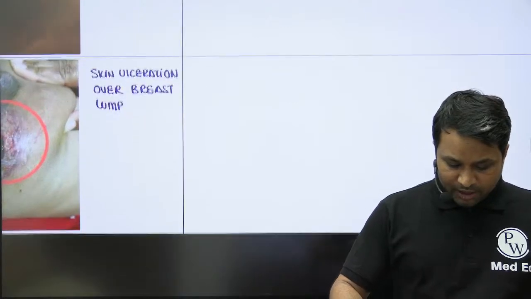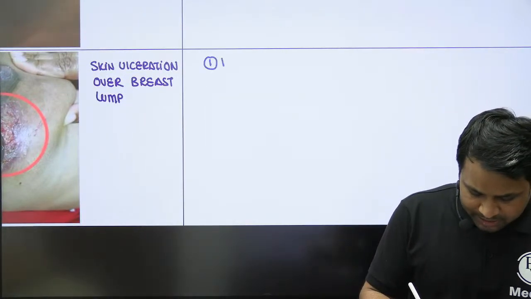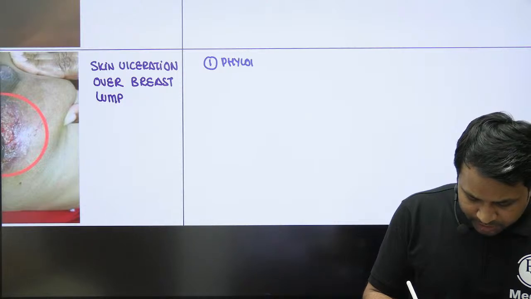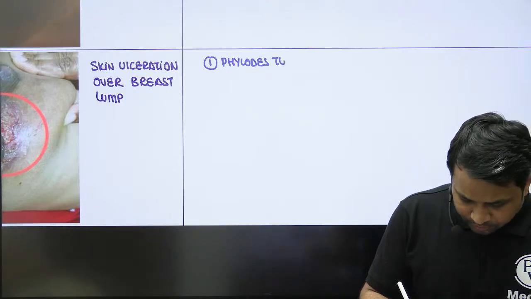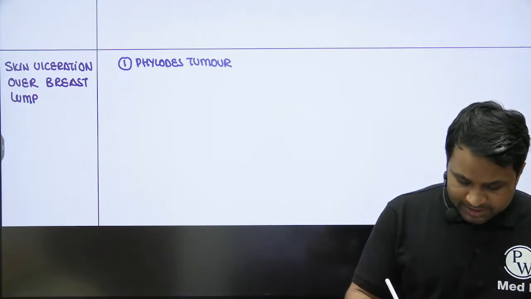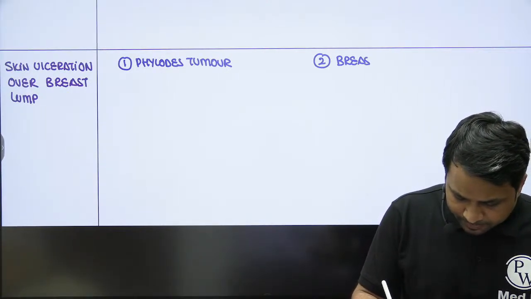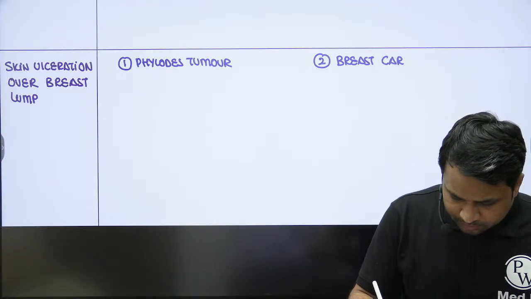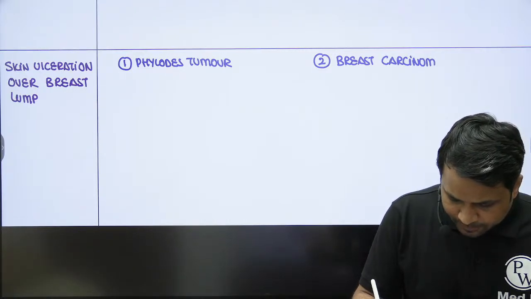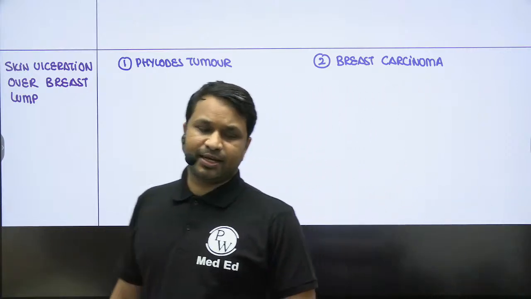The reason for ulceration of the skin can be in two conditions. One, it could be seen secondary to a phyllodes tumor. Second, it can be seen secondary to breast cancer.